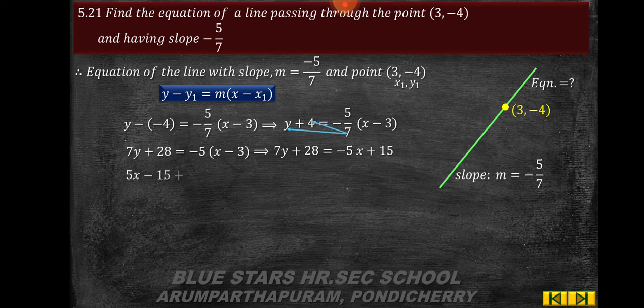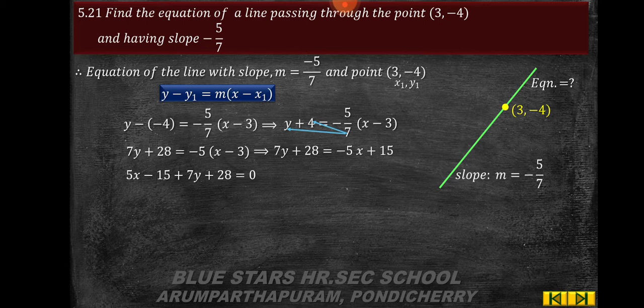The next step is -5x plus 15. We are taking 7y plus 28 to the right hand side, or otherwise -5x plus 15 to the left hand side. You can do it either way. So -5x will become plus 5x if you are taking it to the left hand side.